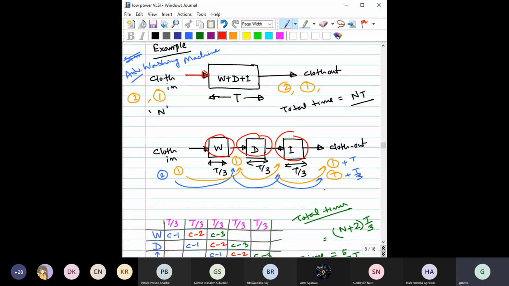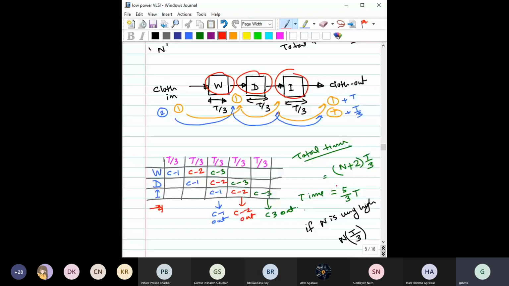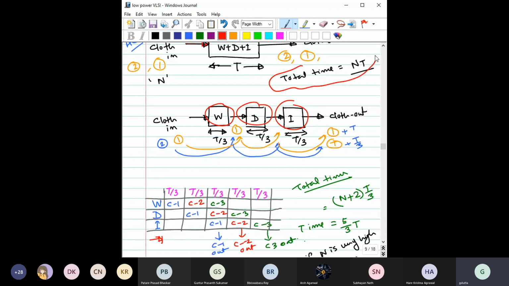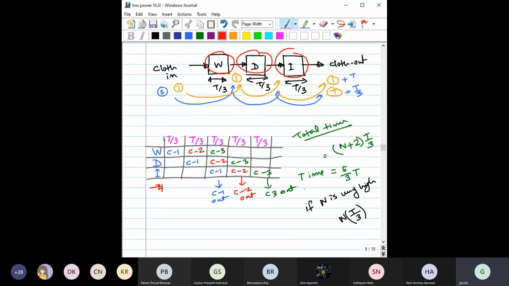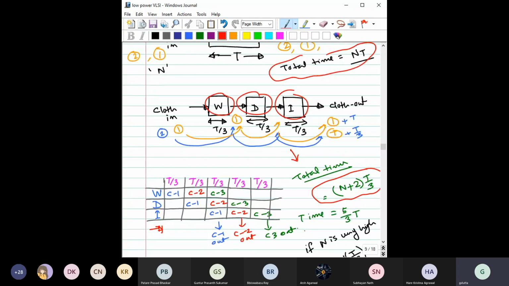You can see here, to wash and iron n number of clothes, you need a total of n into t time. However, in this case, for n number of clothes, you need (n plus 2) into t by 3 time. So obviously, the speed is much higher, or the throughput is much higher, right?